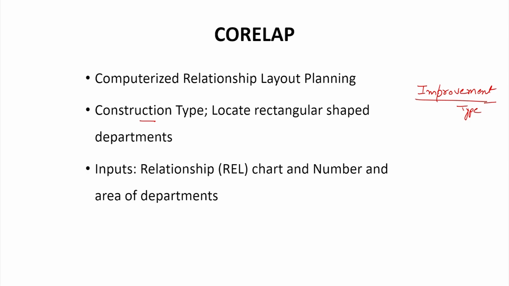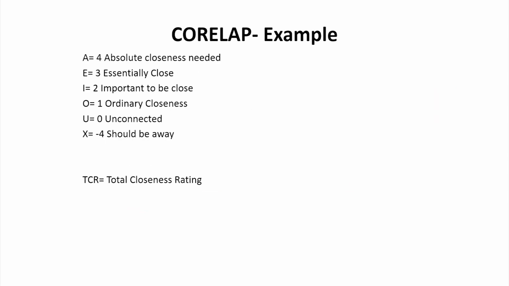So, input for CORELAP is the relationship diagram and the number and area requirements of the departments. These are the two inputs required for CORELAP to design the layout with the help of the CORELAP heuristic. As I said earlier, we will use the symbols A, E, I, O, U and X. Let me give you one example here to better conceptualize this technique.